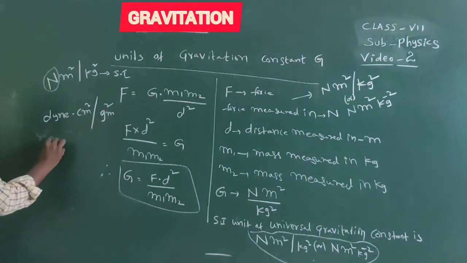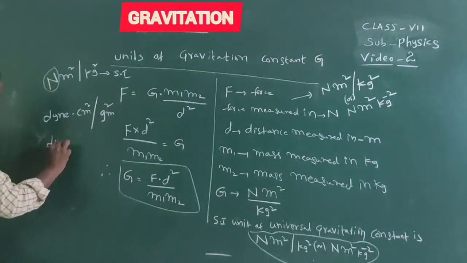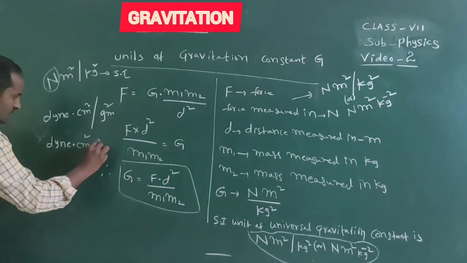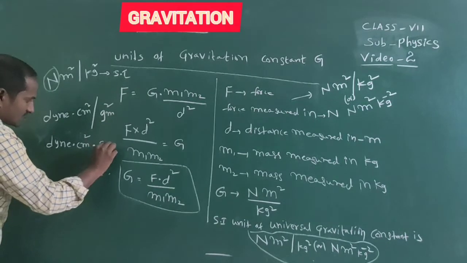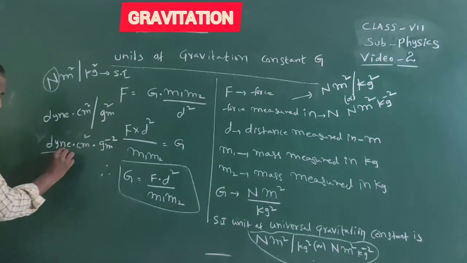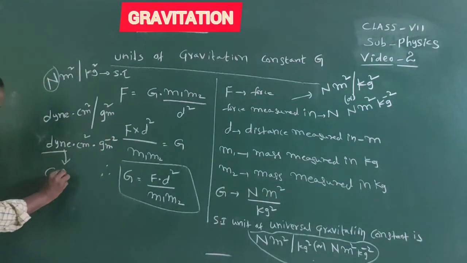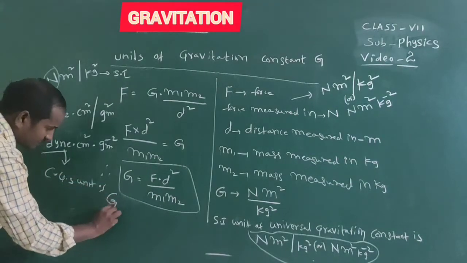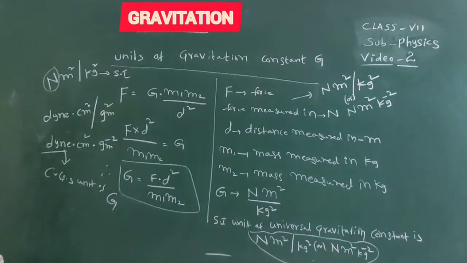So we can write dyne centimeter square into gram power minus 2. It is the CGS unit of universal gravitational constant.